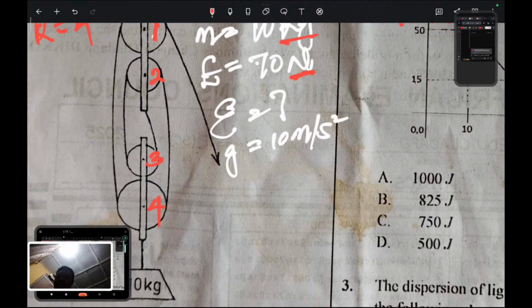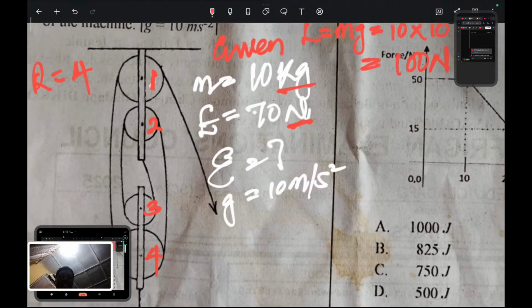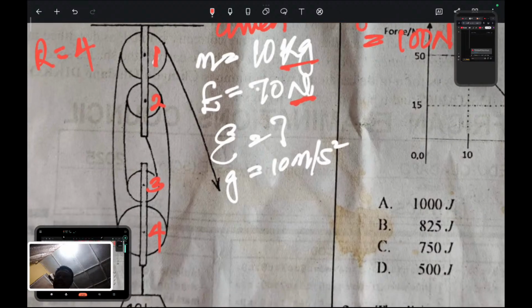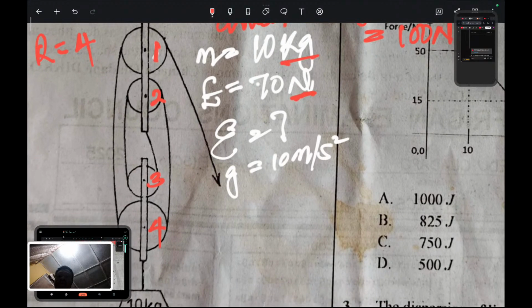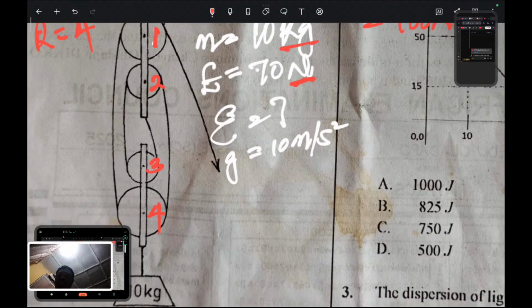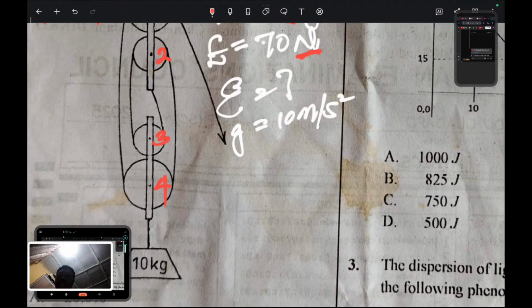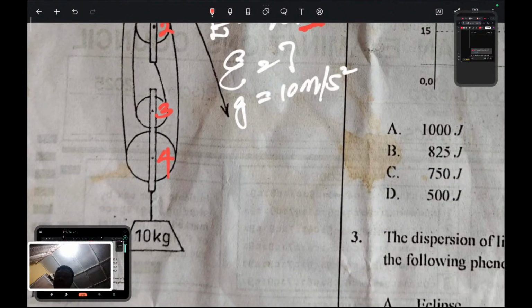So if we continue, I told you our supporting pulley system here is 4. So please take note of the rope segments in order to be able to count the number of wheels, which will give you the velocity ratio when you are solving your question.